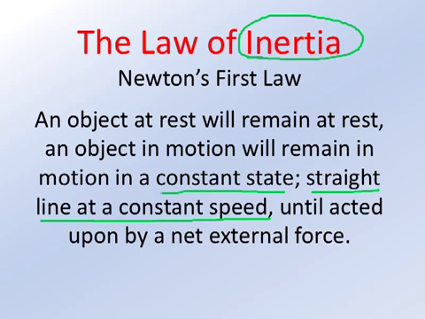That should sound very familiar to you since it's describing uniform motion. And the last piece is this net external force. It's going to remain in this constant state until a net external force acts on it. So this law states indirectly that the net external force acting on this object is going to be 0.